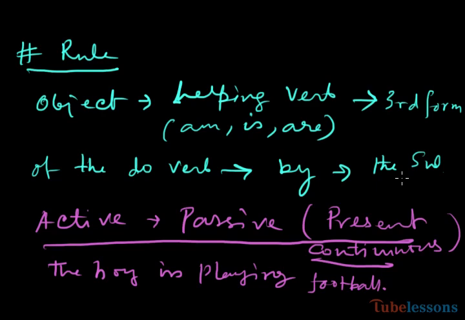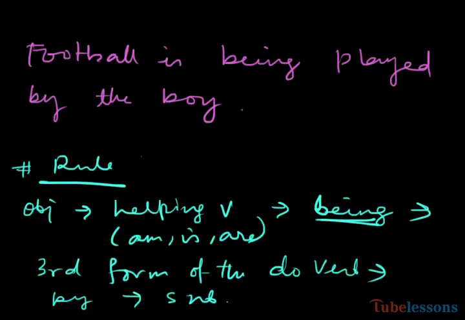Now, present continuous tense. The boy is playing football. Present continuous means the action which is still continuing. So that is present continuous tense. The boy is playing football. Now, how to change it? Football is the object, so this will come at the beginning.